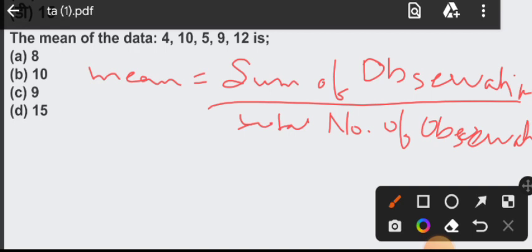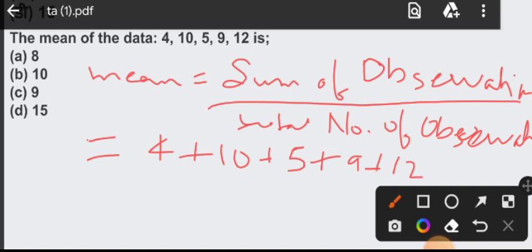So here the sum of the observations is given: 4 plus 10 plus 5 plus 9 plus 12, by the total number of observations: 1, 2, 3, 4, 5. So here is 5 in total, so we will write 5 in the denominator.